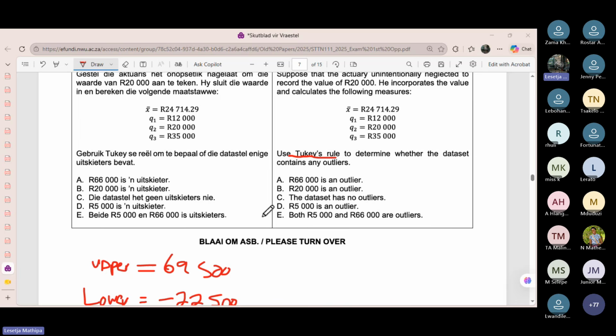I need to make sure that even other students also understand. Because I know that there are students who are trying to ask questions, like, how do you get to that point where you say that the answer is C, the data set has no outliers. So I need to make sure that you guys understand, even the shy students, so that you can proceed to the next one.